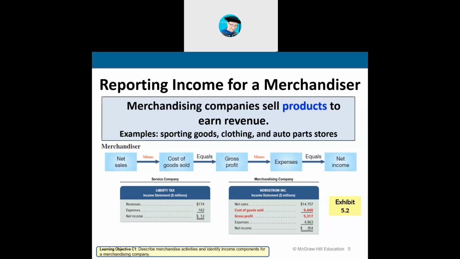Cost of goods sold is the cost to the business to sell the product. The total cost of the product is your inventory. The total cost of the product is the cost it took the company to acquire and sell that product.